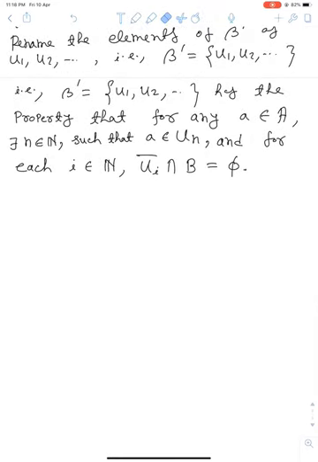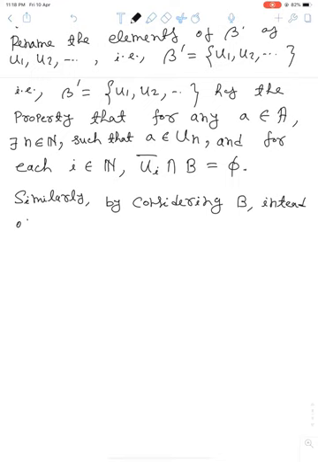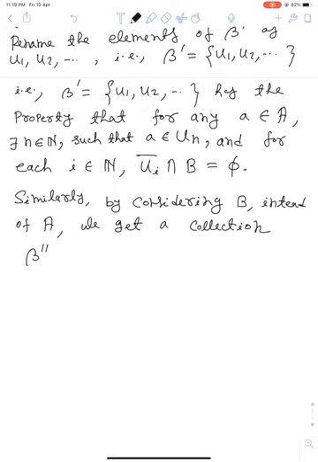Similarly, by considering B instead of A, we get a collection, say beta double dash, say V1, V2 in this way, that is a countable cover of B, right?